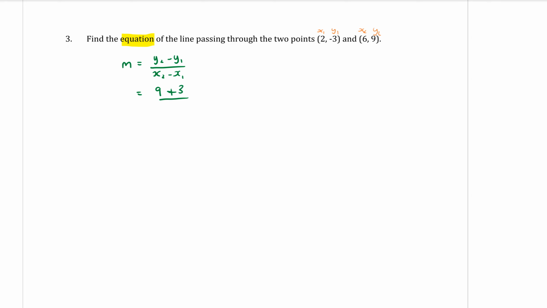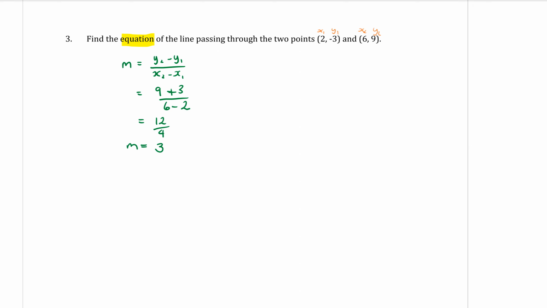On the bottom, x2 is 6, take away x1, which is 2. 9 plus 3 is 12, and 6 minus 2 is 4, and 12 divided by 4 is 3. Okay, so there's my gradient.